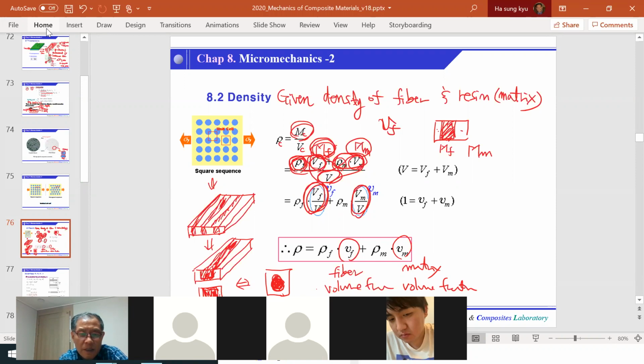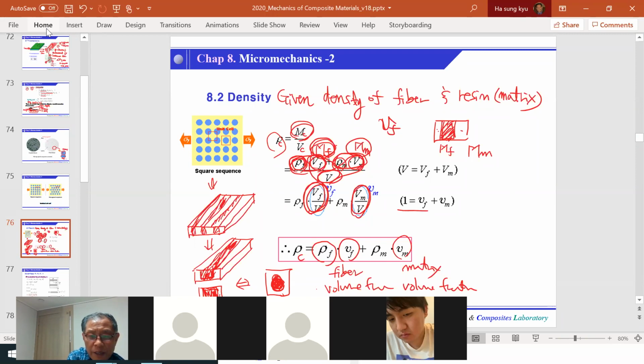So this rho C is the one we want to calculate, the density of the composite or unidirectional ply. It is simply the density of the fiber times its volume fraction, plus the density of the matrix times V_M.